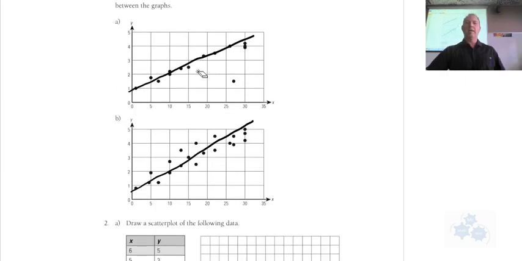Would they be the same strength of correlation, or would they be different? It's probably stronger. Yes, I would say so too. A probably has a stronger correlation because the points seem to gather closer to the line than in B. So another difference would be B has a weak correlation, and A would have a strong correlation. Okay, so it should be two differences and two similarities that we've talked about.